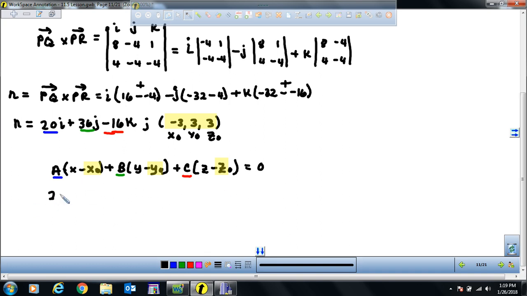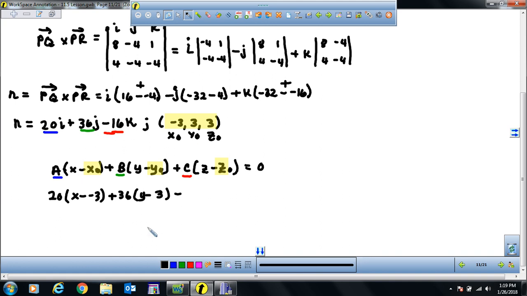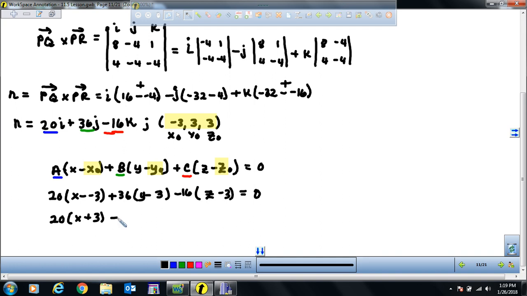Okay, so it would be 20 times x minus negative 3 plus 36 times y minus 3 plus, minus 16 actually, that will be the next one, minus 16 times z minus 3 equals 0. So we're going to get 20 times x plus 3 plus 36 times y minus 3 minus 16 times z minus 3 equals 0.